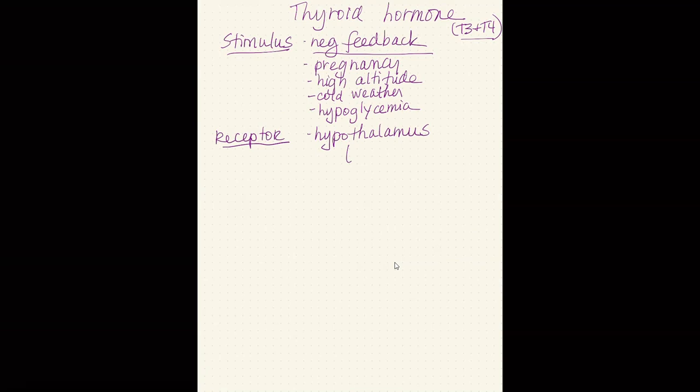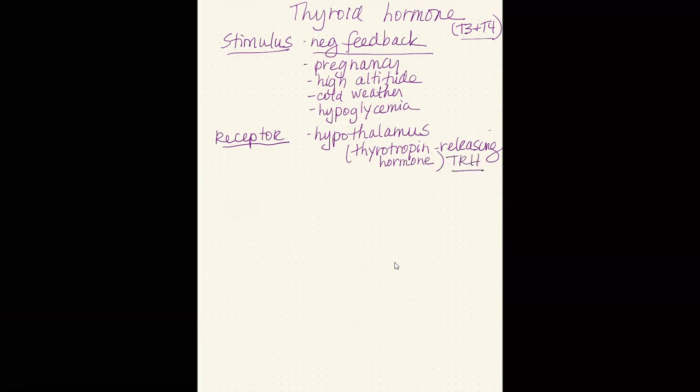And I know I'm going to spell it wrong here. Thyrotropin. Look right? Yep. Releasing hormone, which we're going to abbreviate TRH.